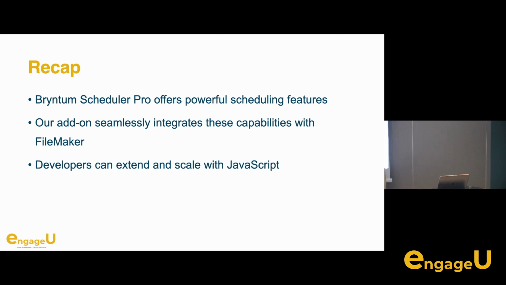I did my research and I found that this web component was the best for my use case. Thanks to our collaboration with the vendor, we said let's create an add-on and put it in the FileMaker community because Bryntum said that they had at least a couple of requests every year to use this tool. You are also one? Great. So this is why we created it.